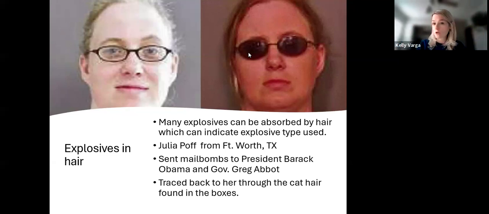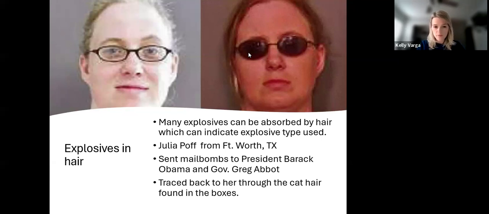That creates a signature in a lot of those people's hairs. And so, we can indicate things like the type of explosive that was maybe utilized. This can give us forensic detailing around bomb cases, but it can also lead back to suspects.